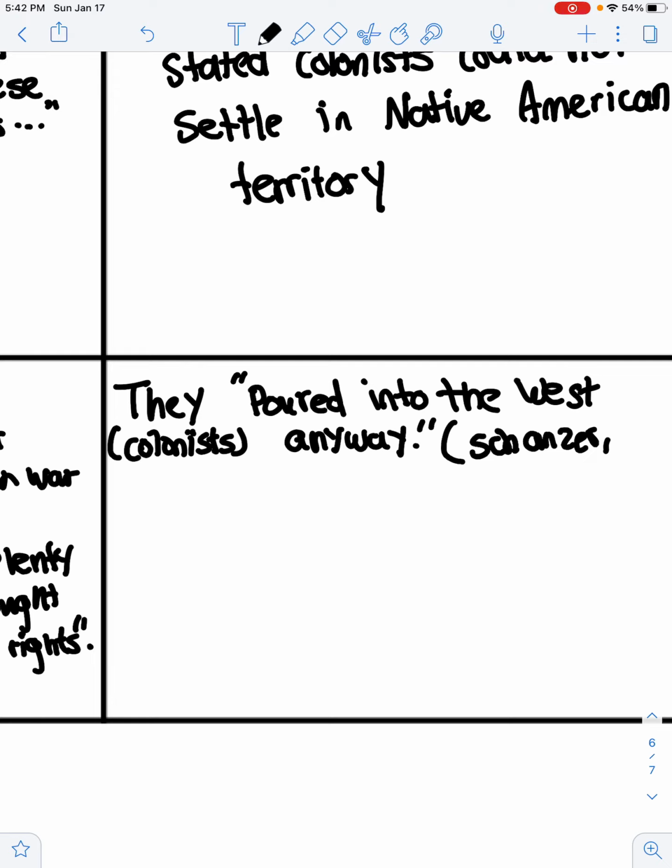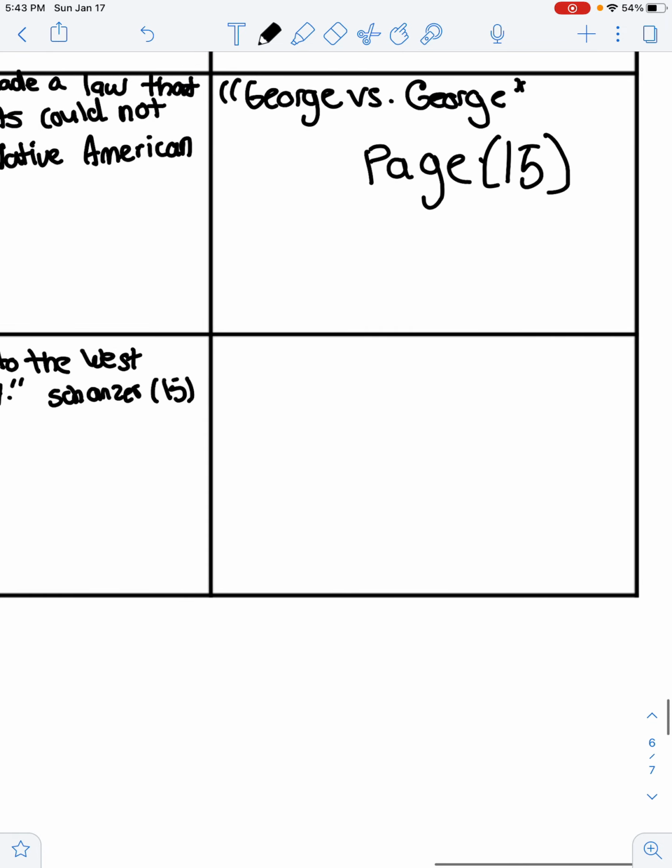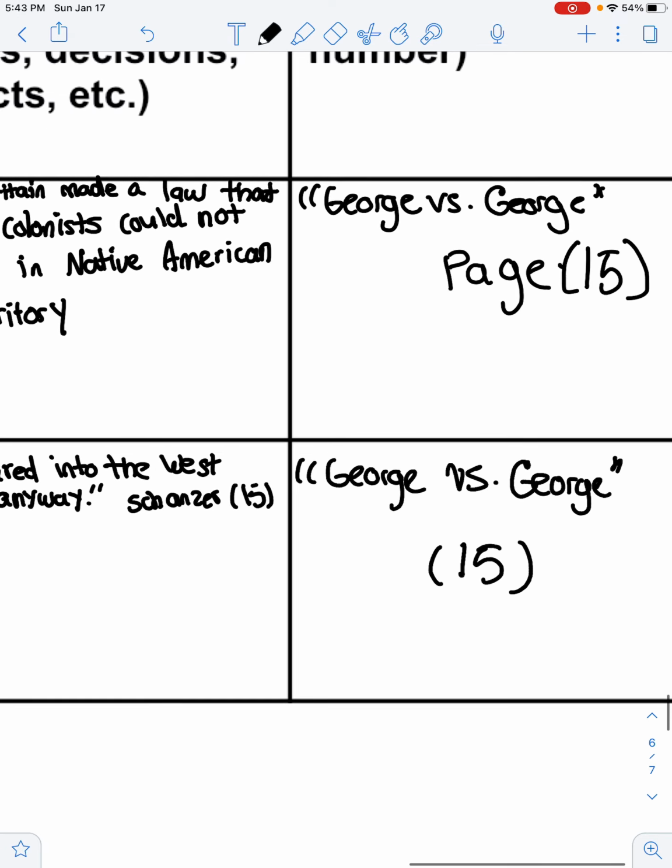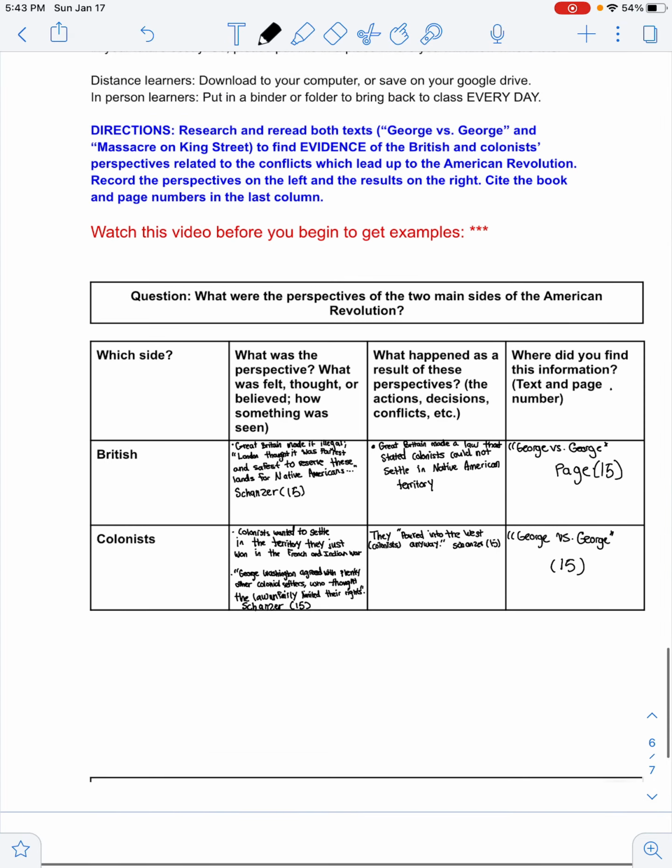And now we have 15. Okay, now this is from George versus George. All right, so there's that first one done.